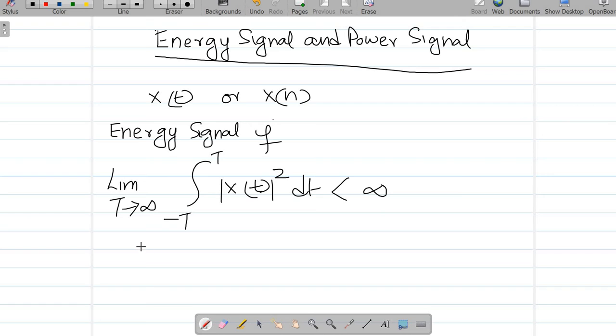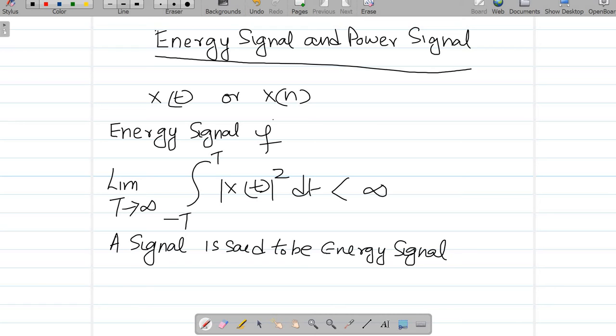So as per definition, a signal is said to be an energy signal if the energy E is finite and the power of the signal is 0.